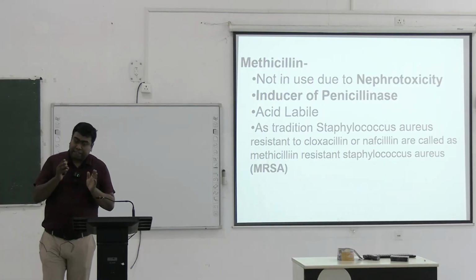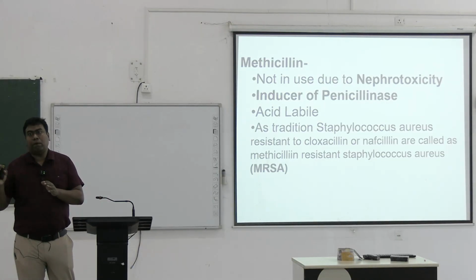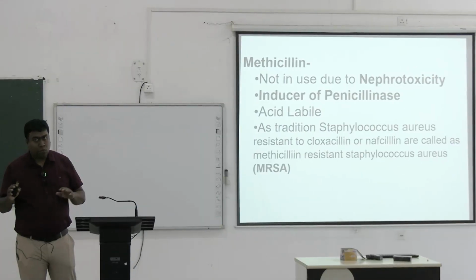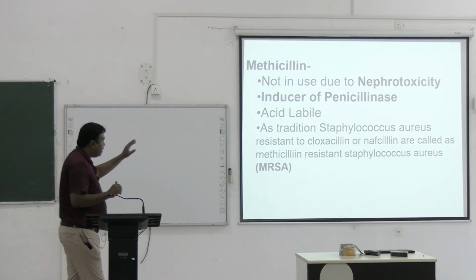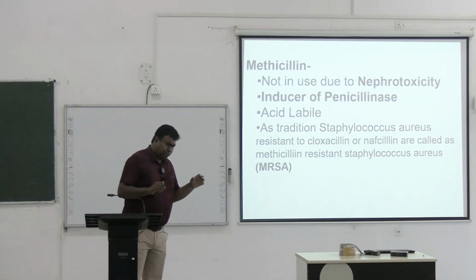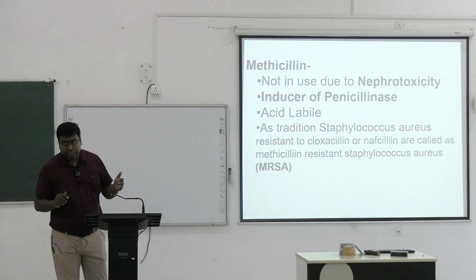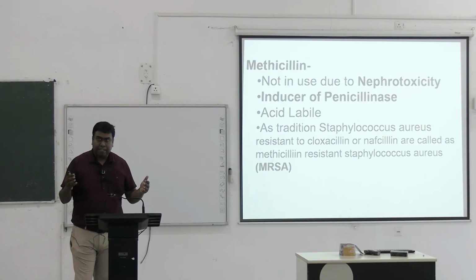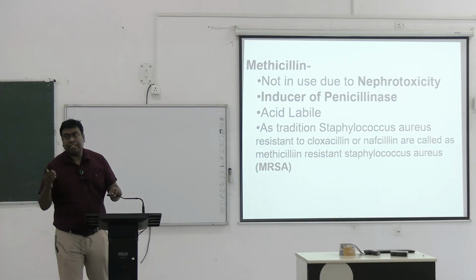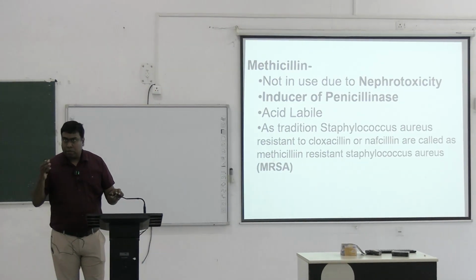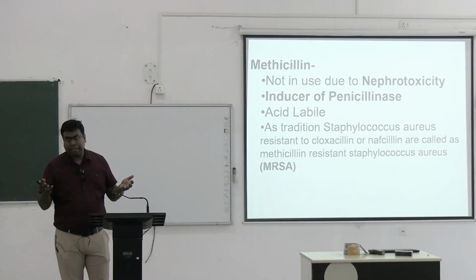So in a penicillin susceptible organism we can't give it. We cannot give it even if the organism is producing penicillinase, because of its nephrotoxicity. So how can we say the organism is methicillin resistant? Because we cannot use methicillin clinically.